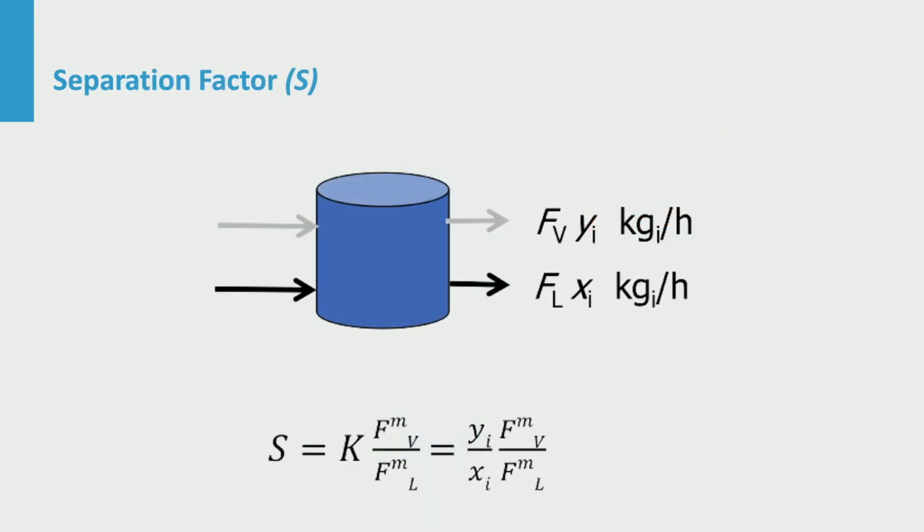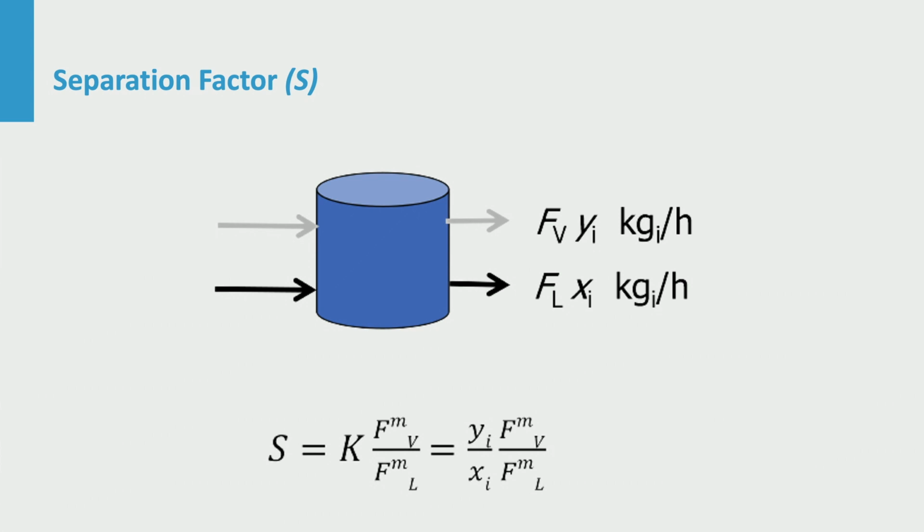If a solute I has entered an equilibrium stage with feed phase L, and maybe also with auxiliary phase V, how much of it leaves with L phase and how much with V phase? The mass flow of I leaving with auxiliary phase will be FV times YI.